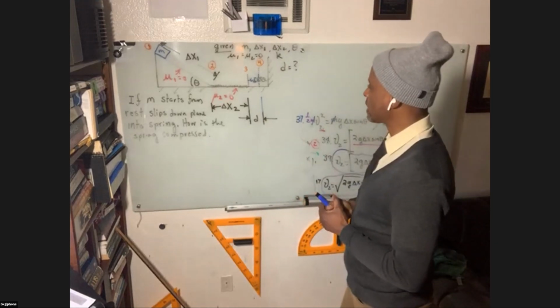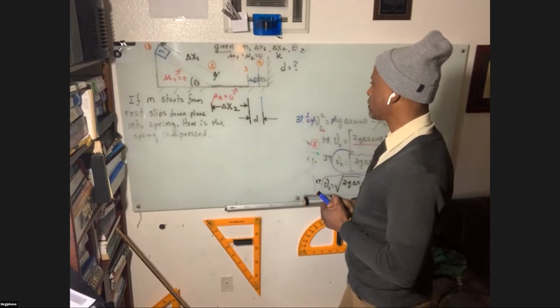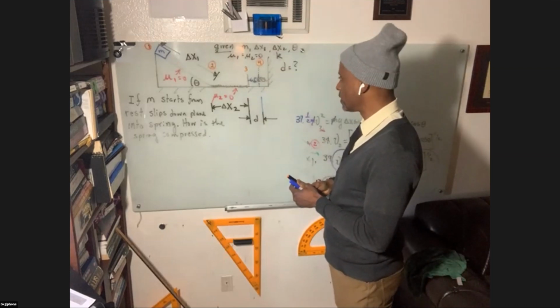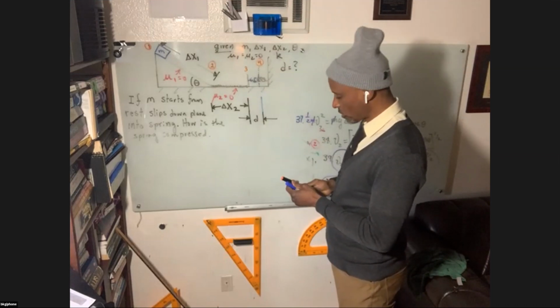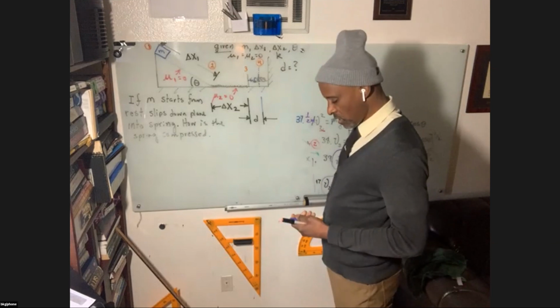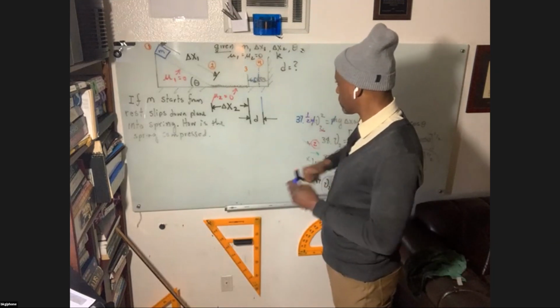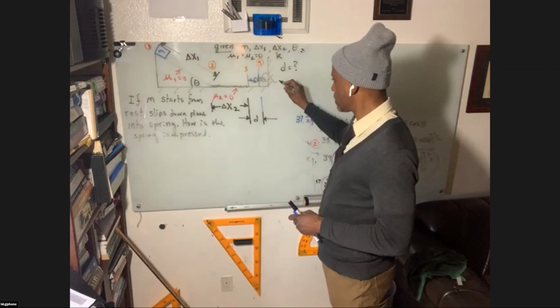That's what kind of stands out to me. I'm not even sure we really need 3. We'll show that in a moment why, but for now, let's just assume we do. And so the spring constant is K, that's K.